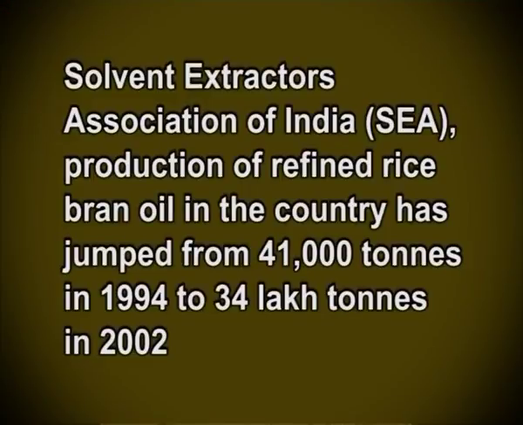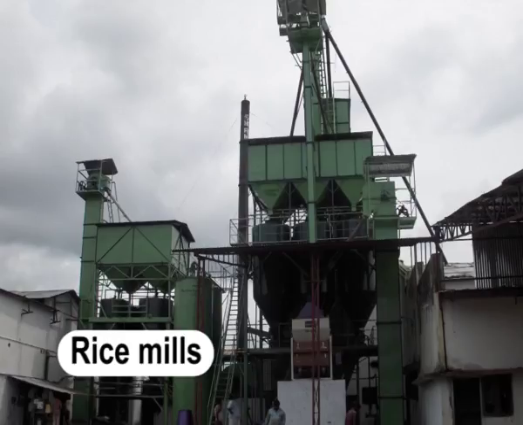According to estimates of the Solvent Extractors Association of India, production of refined rice bran oil in the country has jumped from 41,000 tons in 1994 to 34 lakh tons in 2002. The modern rice mills and huller-cum-shellers help in recovering good quality rice bran for oil extraction.